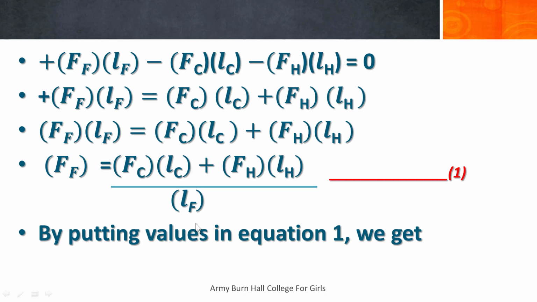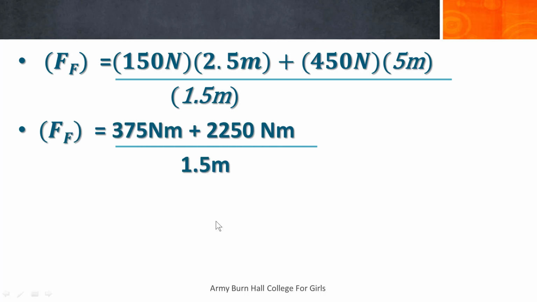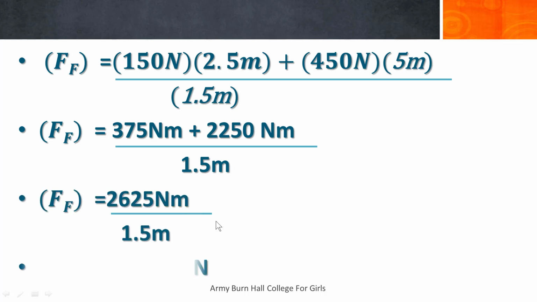So by putting values in equation number 1, all these values are known, these are given, so we will put all these values in equation number 1 like this with the units. You can see we are solving it step by step and we will get this result, 1750 Newton.